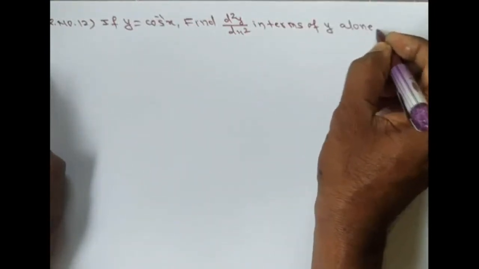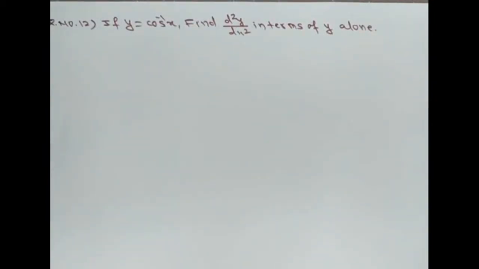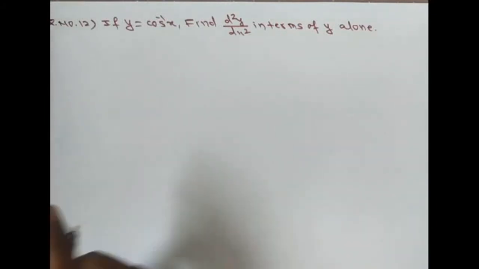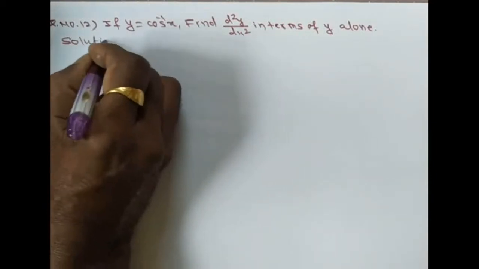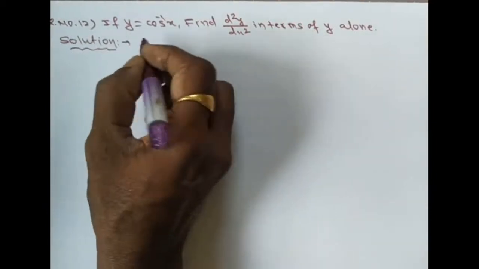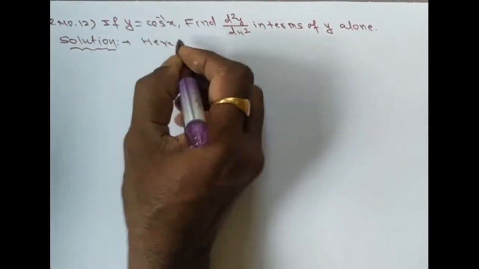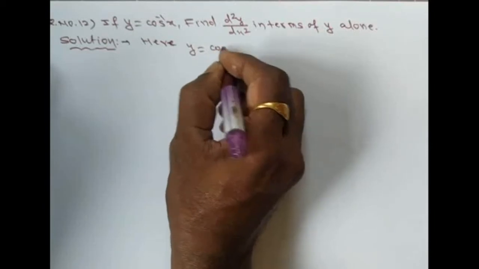The answer has to be found in terms of y. So how to find d square y by dx square in terms of y alone? Okay, the solution. Here y equals cos inverse x.